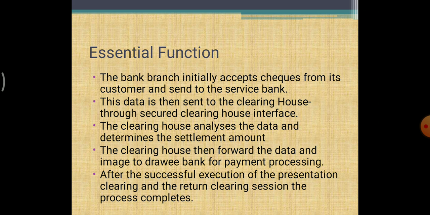At the service bank, the essential information related to the cheque, including the MICR code and the drawee's name, is maintained along with the scanned image of the cheque. Second, this data is then sent to the clearing house through the secured Clearing House Interface (CHI), a gateway which facilitates the transfer of data between the presenting banks and drawee banks.